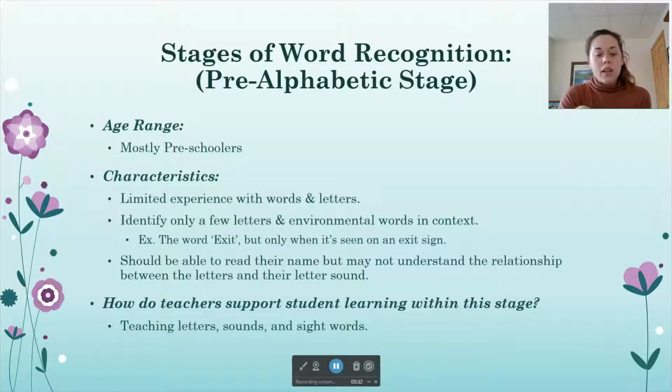You might have a couple of words that you recognize, like the example of exit; you might see it on a sign and only recognize it on that sign, but not within any other text. The same goes for their name: they know the sight of their name, but they might not know each letter sound that makes up the sound of their name.